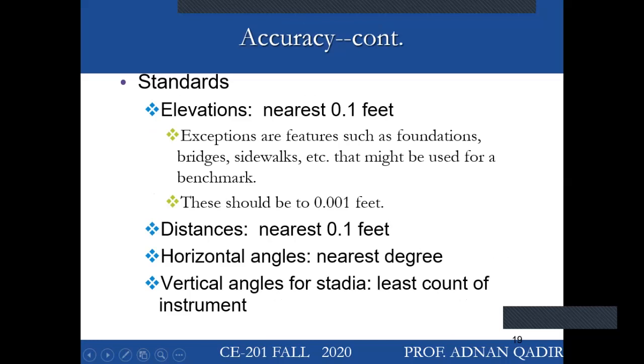So when we show elevation, it will be 2.1, 2.3, 5.7, 5.8, but not 5.9999 feet, right? Similarly, distances are taken to the nearest 0.1 feet. Horizontal angles we take to the nearest degree. No use of taking 2 degrees, 15 minutes, 30 seconds, just take it as 2 degrees. And for vertical angles, take the least count of whatever the instrument has.